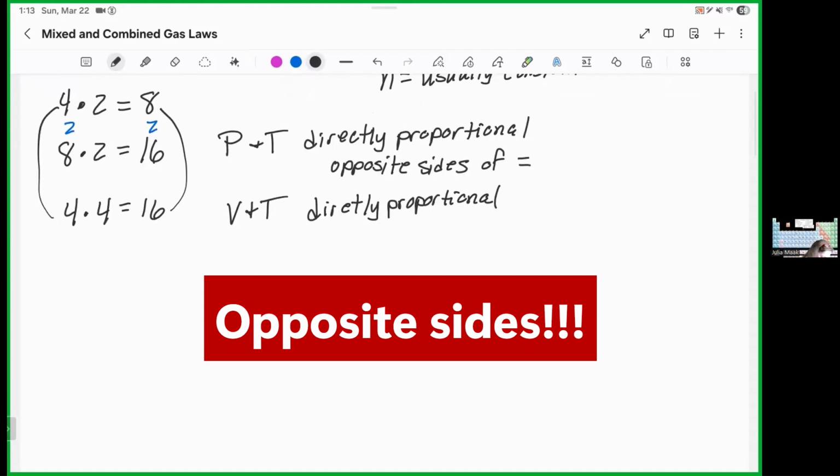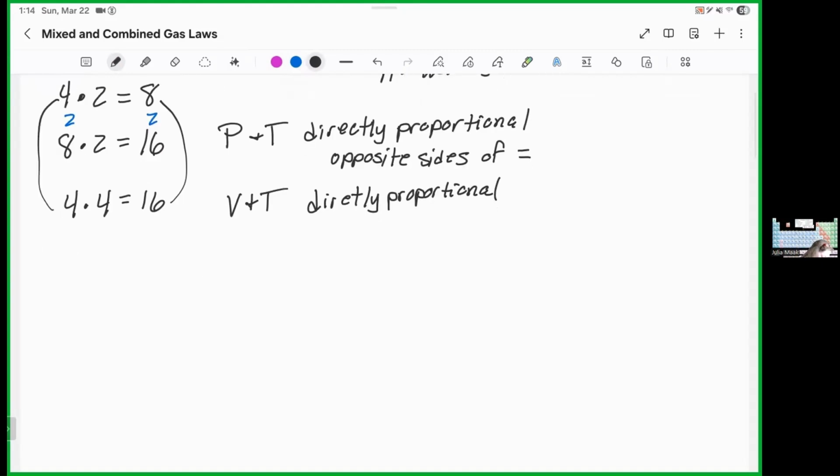Okay, so let's look at pressure and volume. We'll start with where we were again: pressure 4, volume 2, and 8 for temperature. If I raise my pressure to 8 and want to keep my temperature constant, then that means my volume has to go down by half, right? If I double my pressure, I halve my volume.